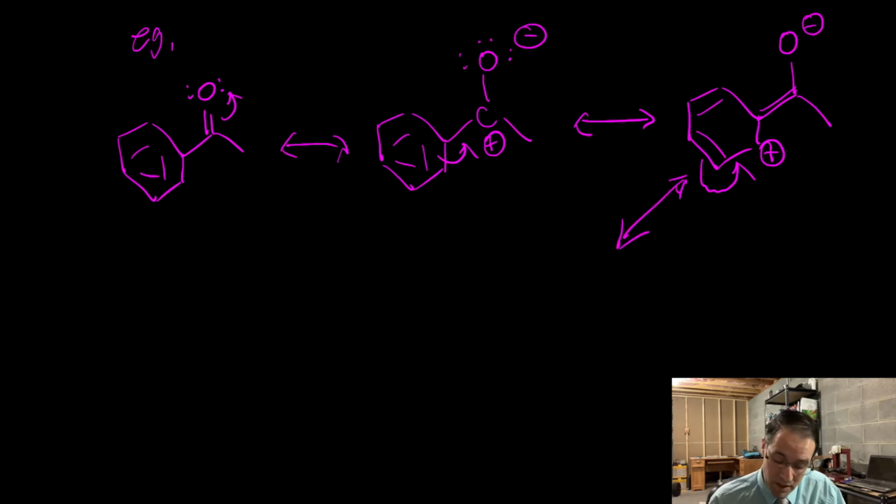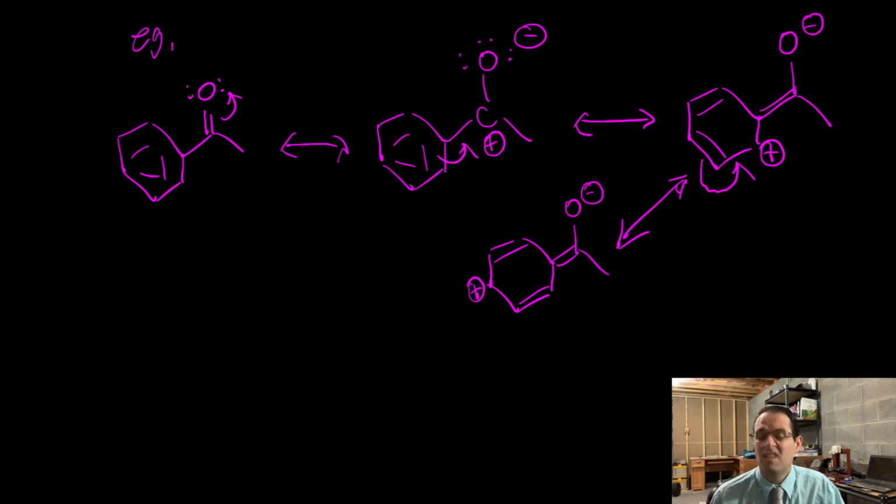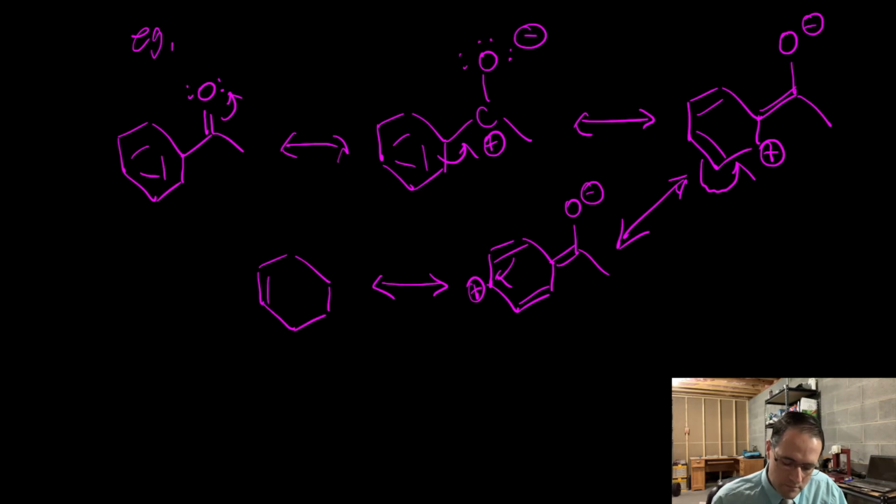So the para carbon is going to have a positive formal charge there. And the third possible structure here is going to be this one here.